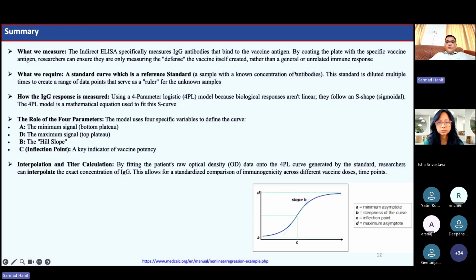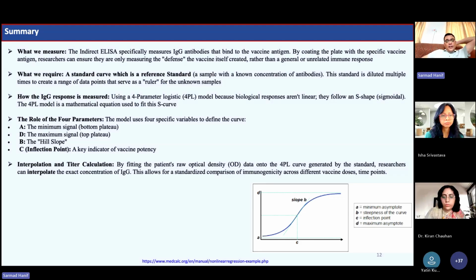Now I move to my last slide, which gives you the summary of why we do this, what we require, and how we are estimating. What we measure through ELISA are the IgG antibodies.